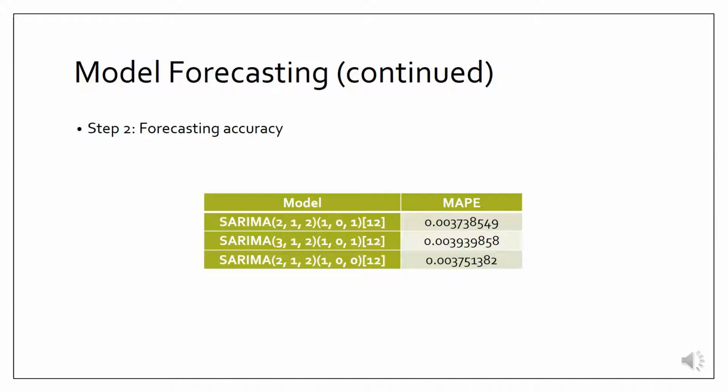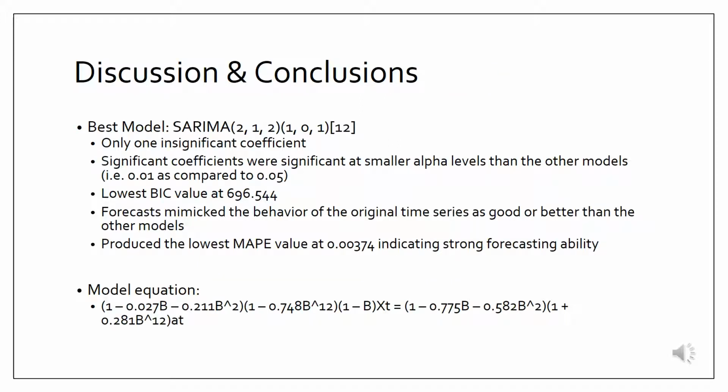In terms of MAPE, we again see very similar performance across all three models, with a very slight edge going to the SARIMA 212-10112 model. Here, an MAPE value of approximately 0.0037 means that on average, the forecasted values deviate from the true values by approximately 0.37%.